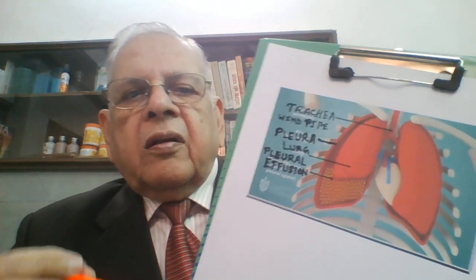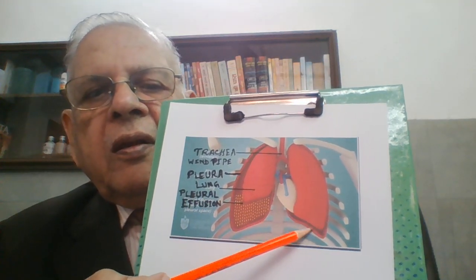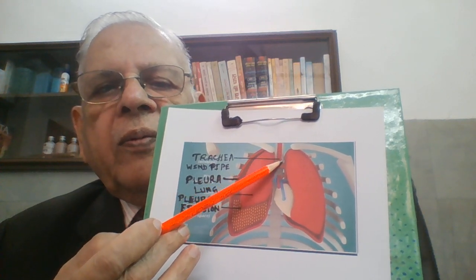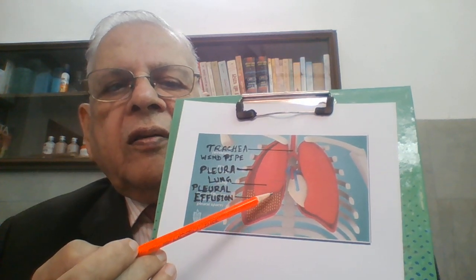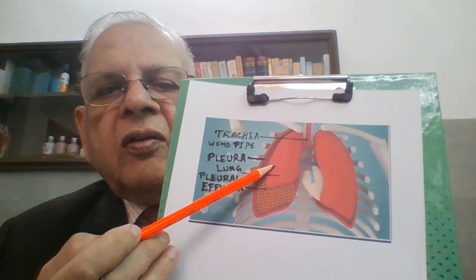Look at another diagram to understand the chest. Look at this. This is the normal lung, but this is the windpipe, and this is the other lung, but you see how much smaller in size this is.